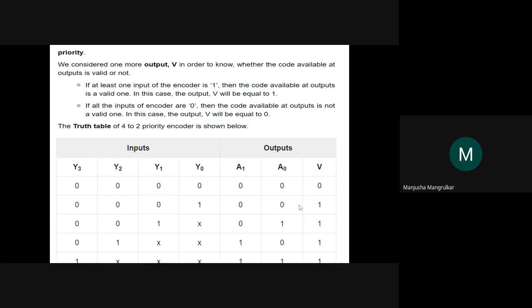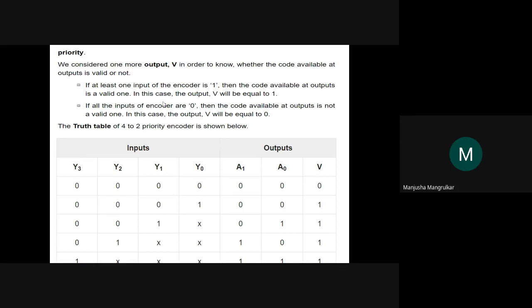We consider one more output V in order to know whether the code available at the output is valid or not valid, right? If at least one input of the encoder is 1, then the code available at the output is valid. This is the condition. In this case, output V is equal to 1.